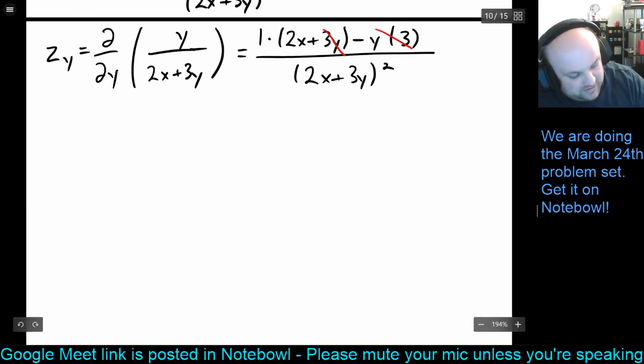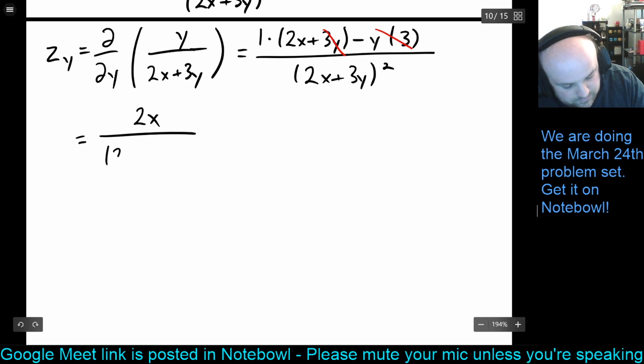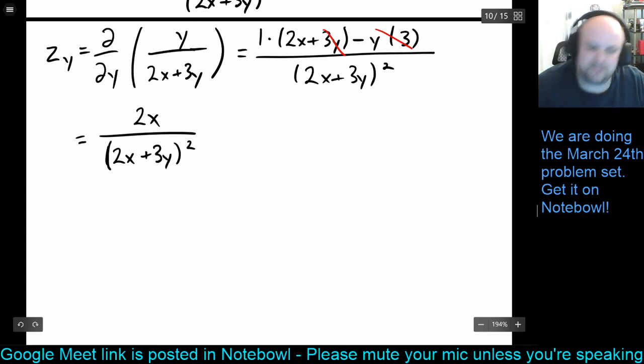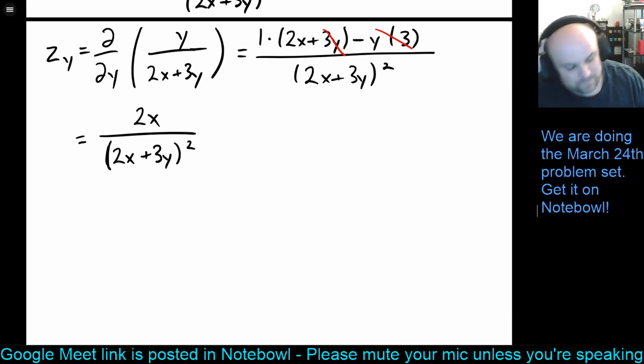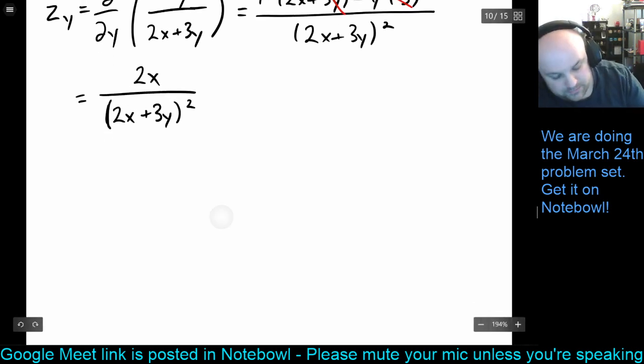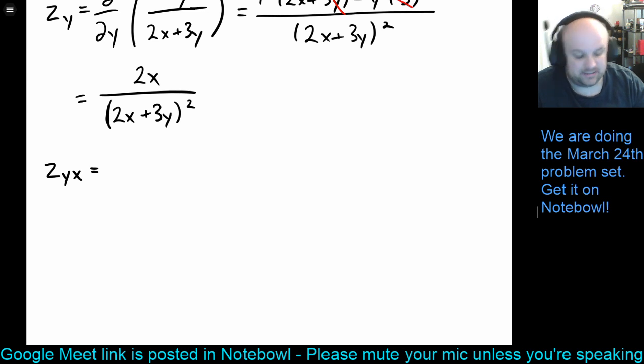So this is going to simplify our derivative a little bit here. We're going to have 2x over 2x plus 3y squared. Right. And now we need to take the 2 second derivatives of this thing. So zyx, we're going to do the derivative of this with respect to x.